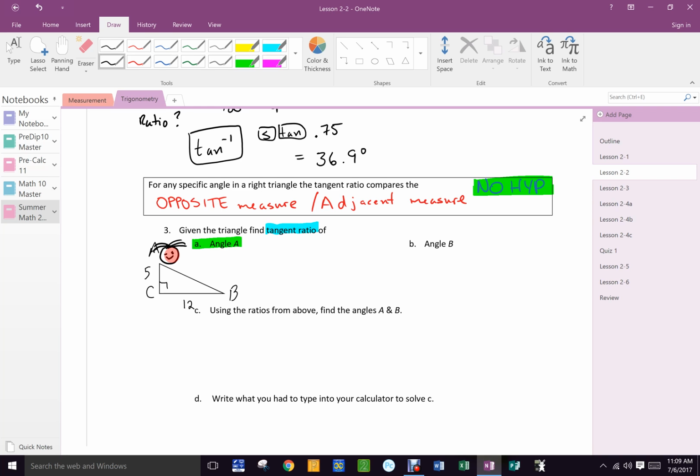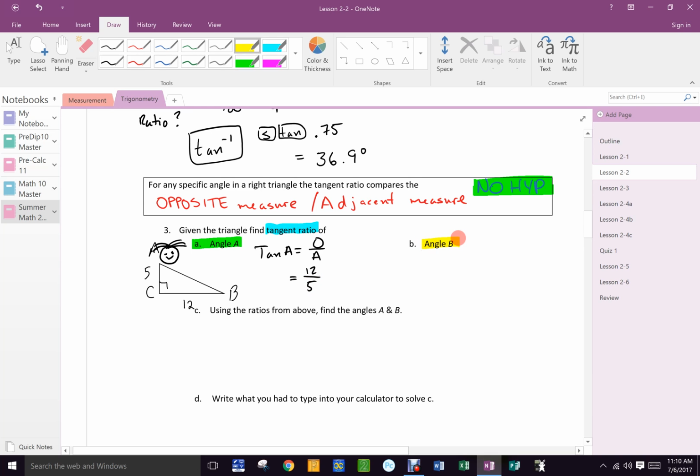So what is opposite of me right now? 12. So tangent of A is opposite over adjacent. Opposite 12, adjacent is what? What is adjacent to me? That's the other side that isn't the hypotenuse. 5. Everybody cool? All right.